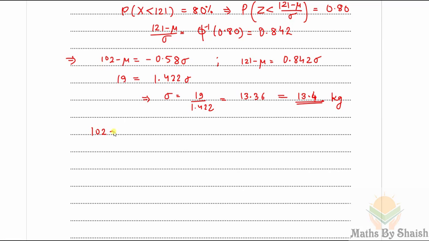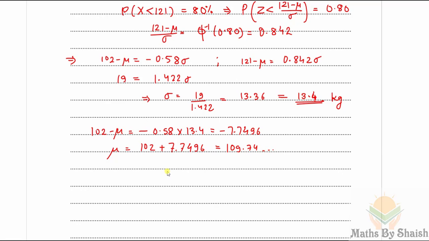It is going to be 102 minus mu is equal to minus 0.58 into 13.4, and 13.4 into 0.58 is coming 7.74964, so it is minus 7.7496, and that's why mu would be 102 plus 7.7496, and that is going to be 109.74.